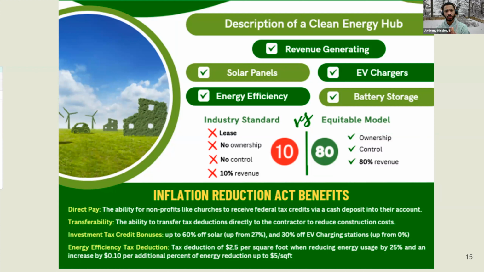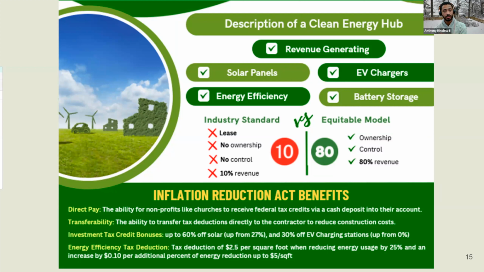What also is a differentiator for us as developers versus others is that 80% of the revenue is going back into the community to help them decarbonize, to help them electrify their buildings and start to counteract the decades-long impacts of redlining on the infrastructure, on the household building stock.